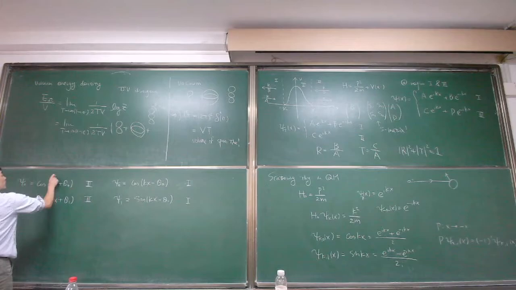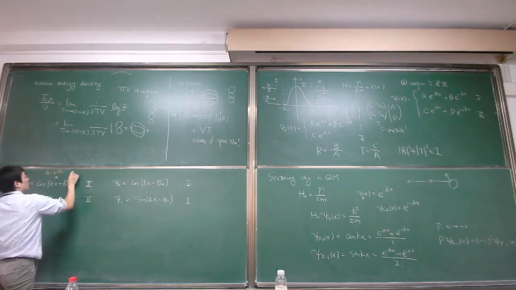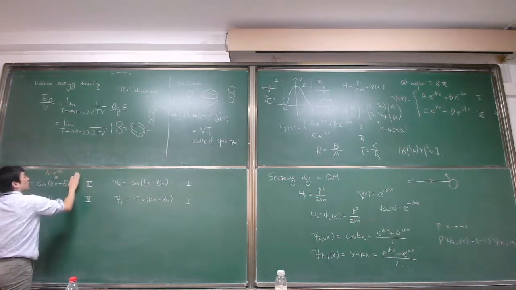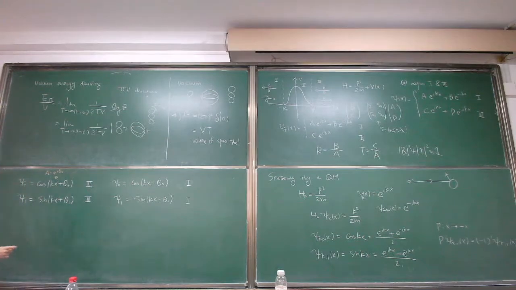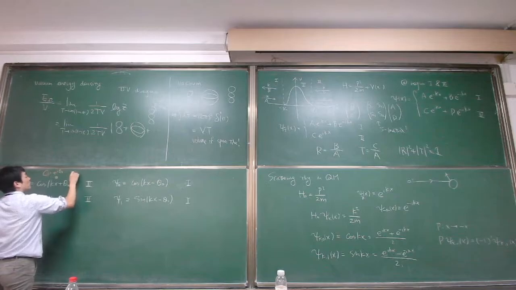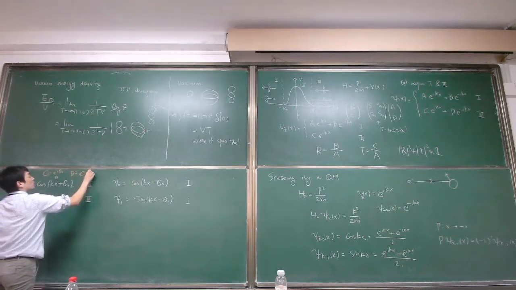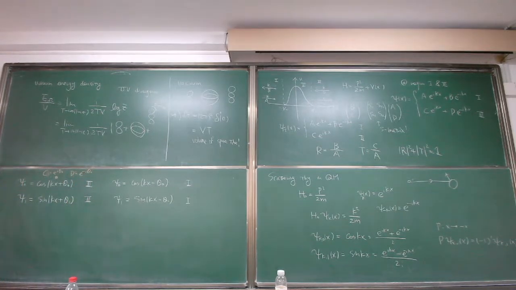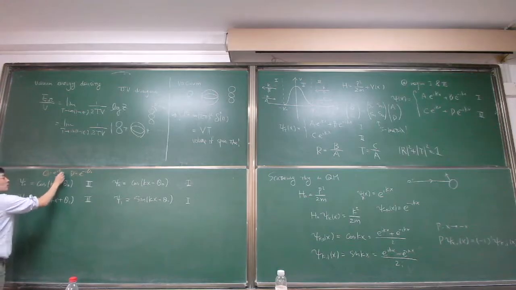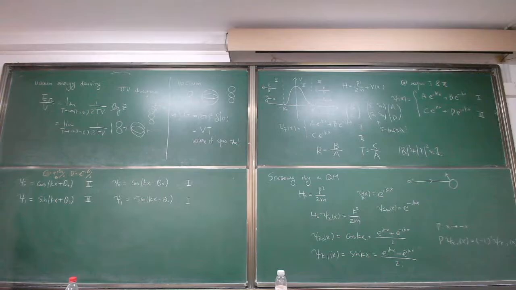So here A should be e to the I theta naught, and B should be not A. So this is region 3. So C should be, and D should be e to the minus I theta naught. Do you agree? Maybe more strictly speaking, divided by 2. But I don't care about this kind of normalization. Do you agree with that?